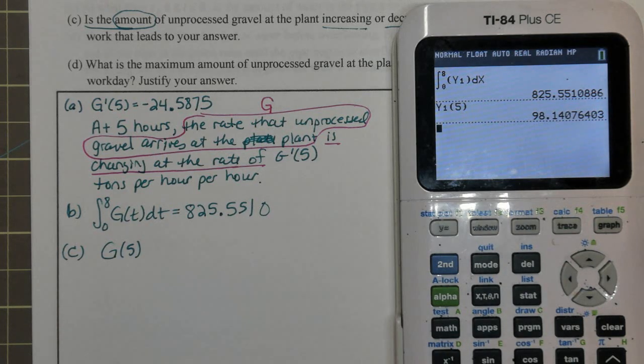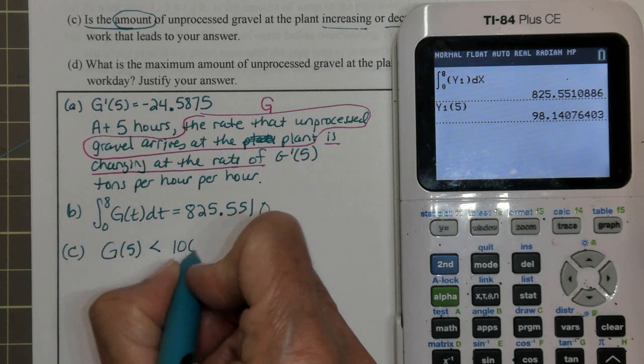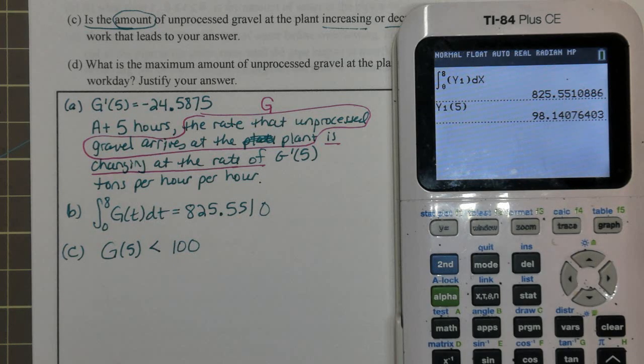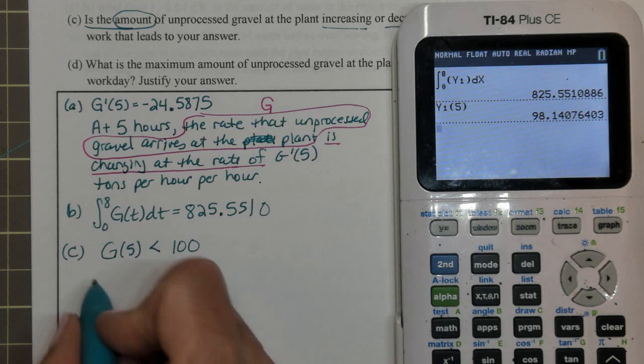It's 98.140. The rate out is 100. So is the amount of unprocessed increasing or decreasing? It's decreasing. G of 5 is less than 100. It's 98.140. I don't have to say the value that it is, but I know that that's what it is.